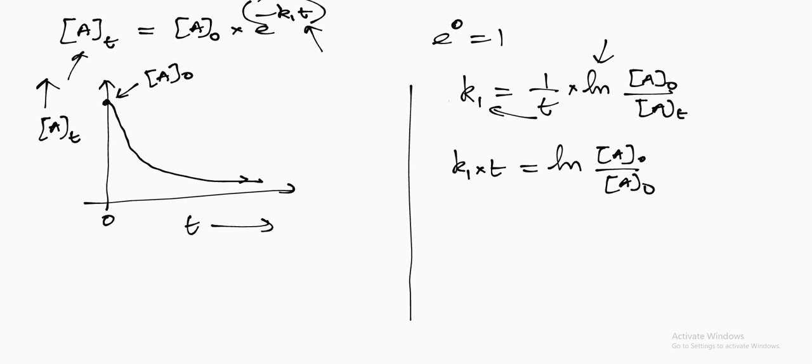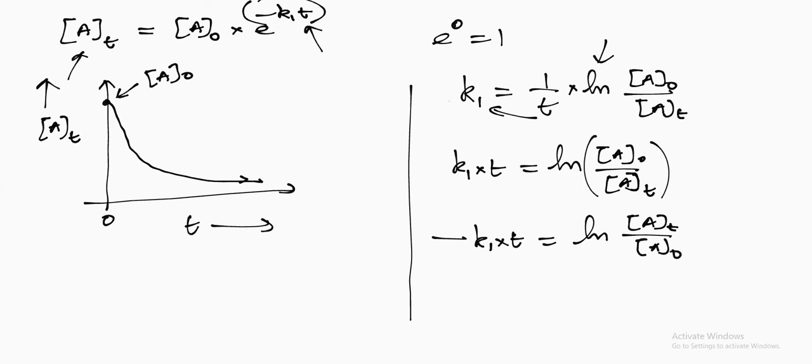A naught by At, I'm sorry. Now I'll take the reciprocal of this. If I take the reciprocal, we should put a negative sign in front. Or if you multiply by minus 1 on both sides, the minus will come to the left hand side. That's all. Minus K1 into t equal to ln, I'll write At in the numerator and A naught in the denominator.